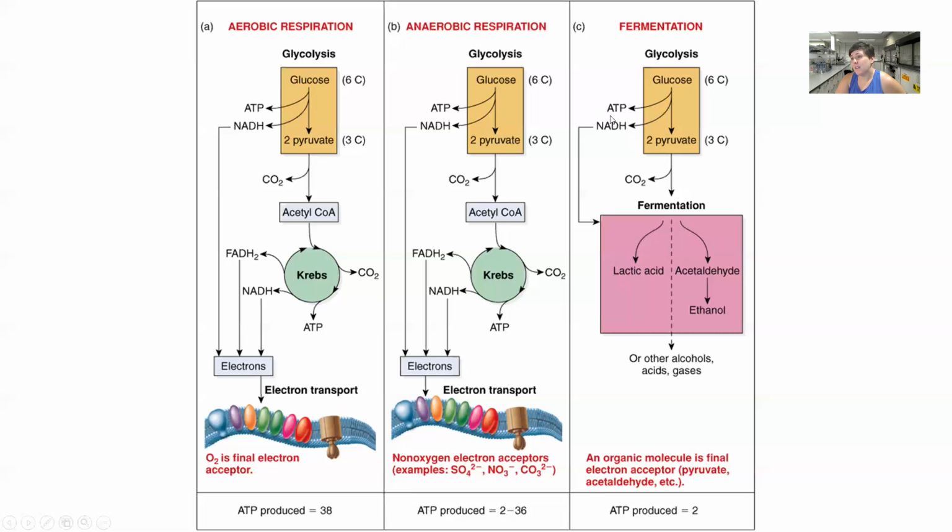But because you're using NAD, you have to recycle that into more NAD+. So you end up having to reduce an organic compound in order to get rid of the electron off NADH to make more NAD+ so the cycle can continue. And this ends up generating alcohol or acids or gases.